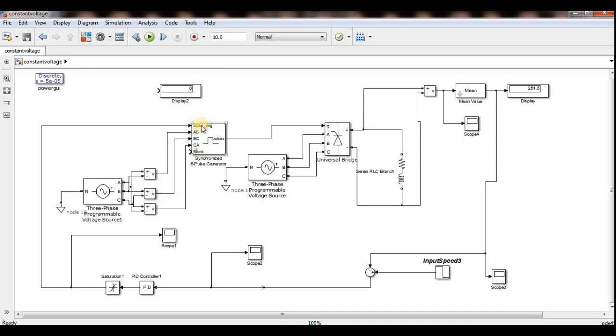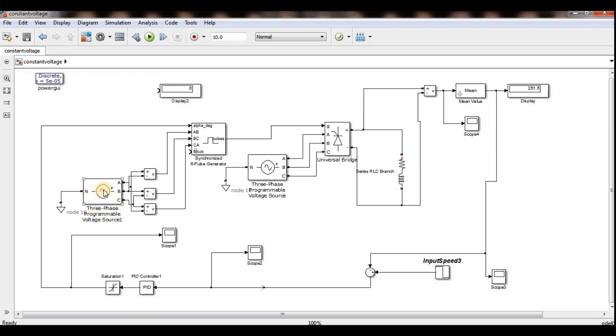But for generating the pulses, only 1 volt is sufficient in MATLAB. Generally, in practice we take 5 volts to 12 volts, but in MATLAB only 1 volt is sufficient. So here I have taken one 3-phase programmable voltage source. In my previous video I clearly explained why we have to take this 3-phase programmable source.